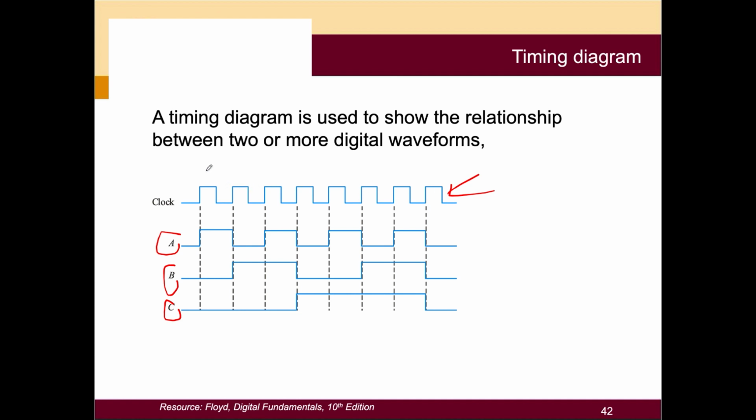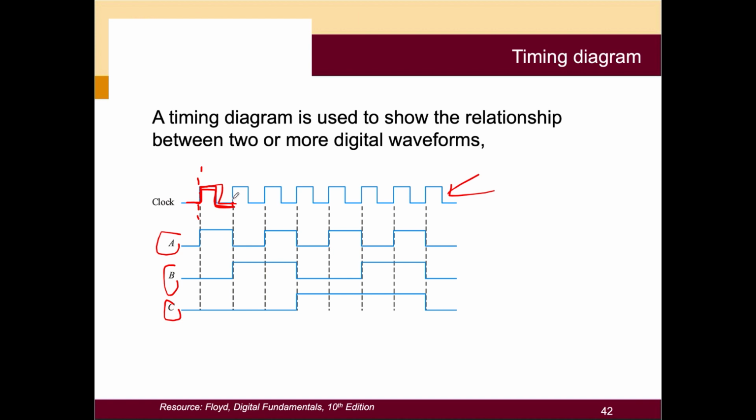So you can draw the dotted line over here from your clock first. Let's say you start from here, and you have one complete cycle like this.